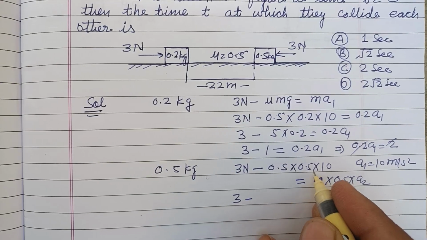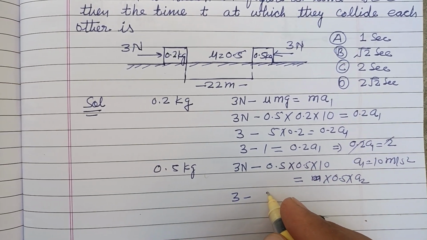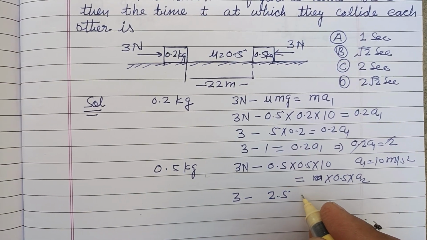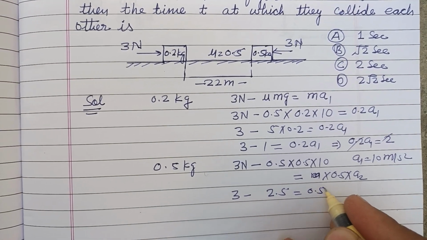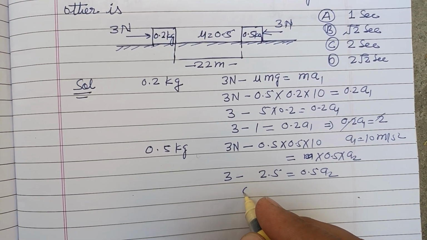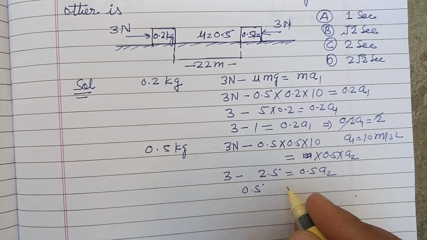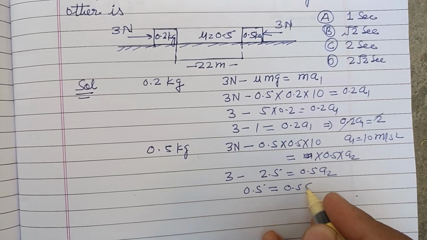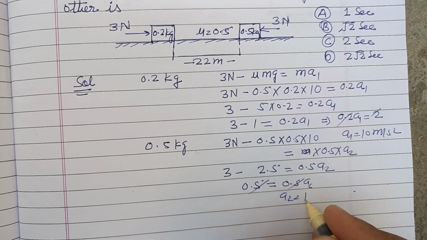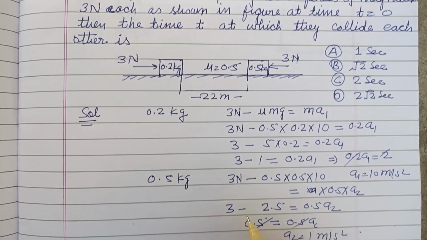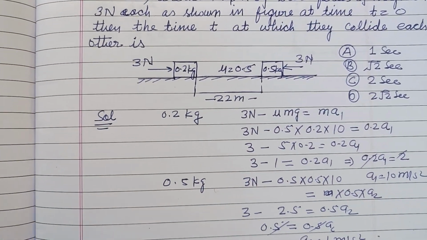So 3 minus this is 0.5 into 5, that is 2.5, equal to 0.5 a2. When 3 minus 2.5, we get 0.5 a2. So a2 equal to 1 meter per second square, the acceleration generated in the block of mass 0.5 kilogram.